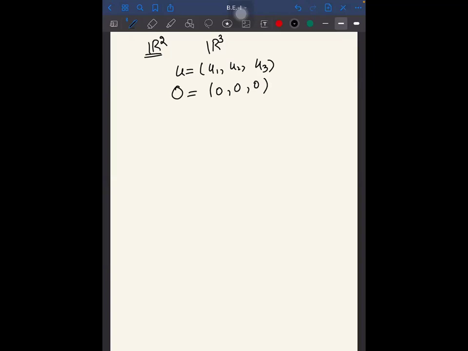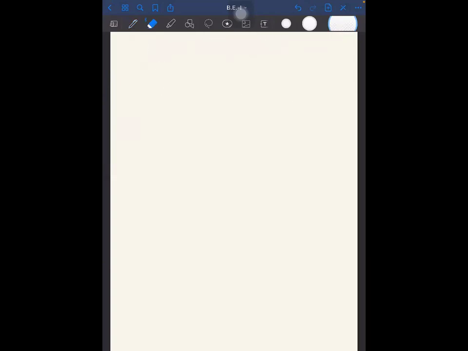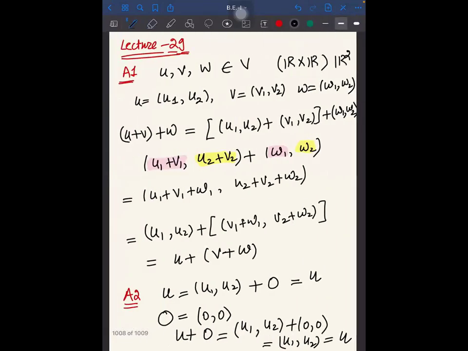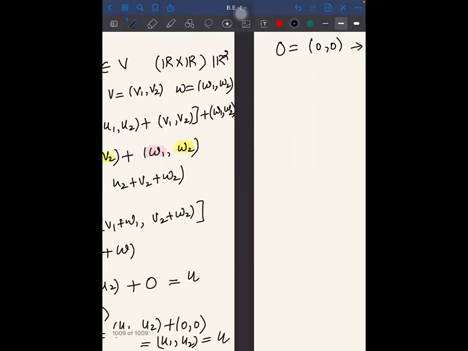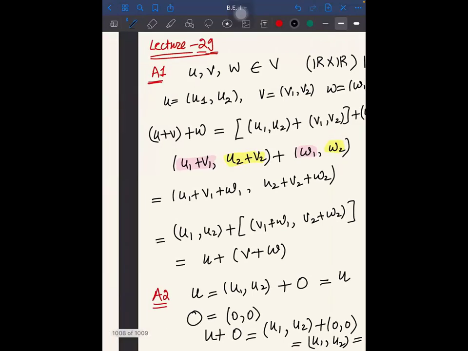This is what we call an additive identity. You can also call this zero the additive identity. In this case, this is our additive identity, and the set has this element. That's why property A2 is satisfied.